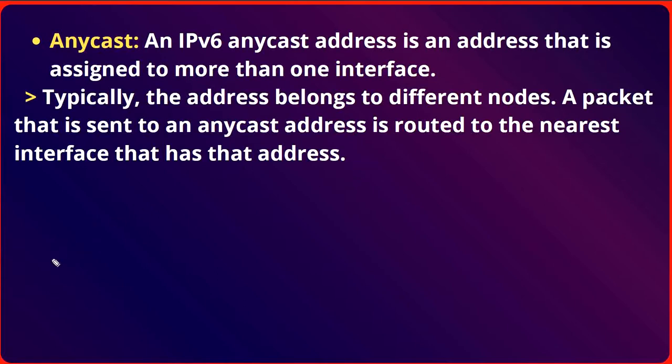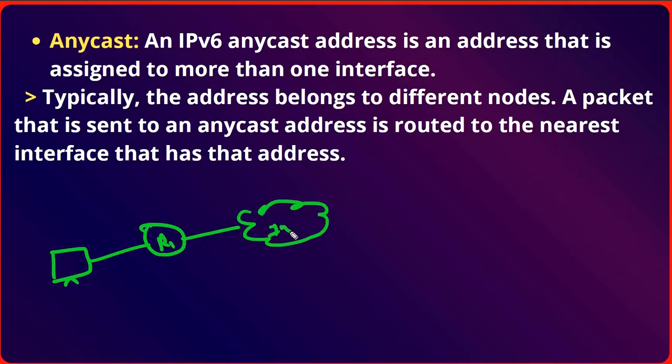What is this? Let me take one example. Here I am sitting. This is my computer, this is my router, and this is connected to the internet. I want to access Google servers, and as you know, there are thousands of Google servers in the world.